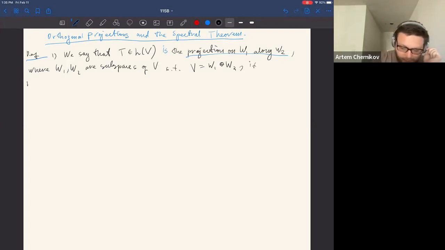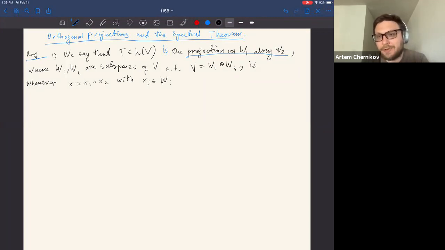In this case, the linear operator T is a projection if whenever we have a vector X written as the sum X1 plus X2 with Xi an element of Wi, and we know, of course, since it's the direct sum, every vector X in the space V can be written as a sum of a vector in W1 and a vector in W2, and moreover in a unique way because it's the direct sum.